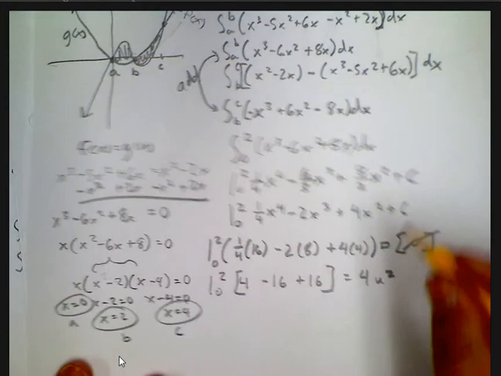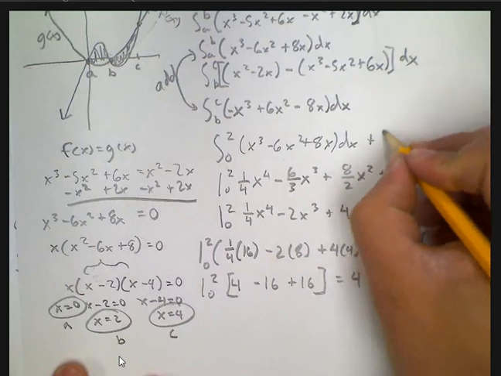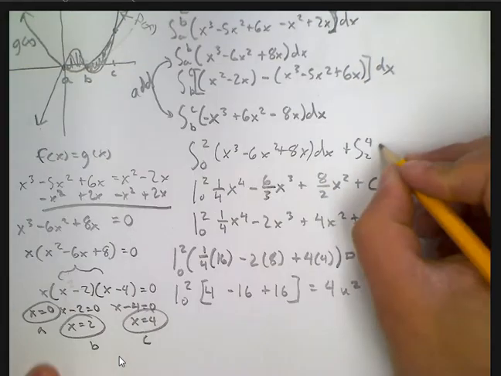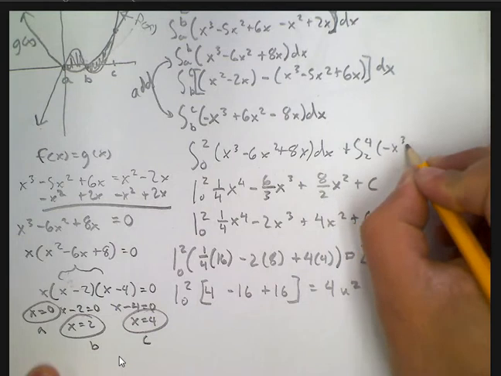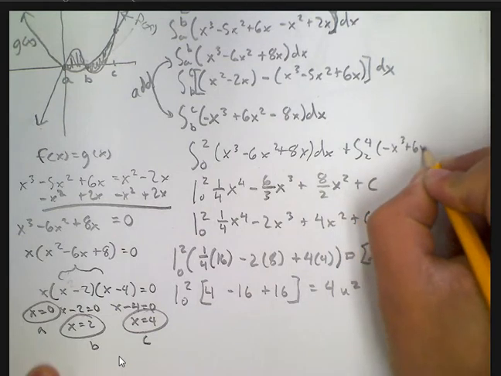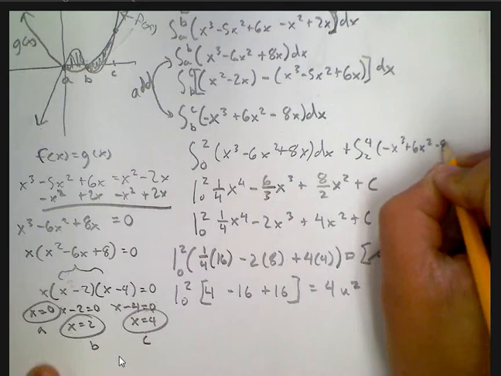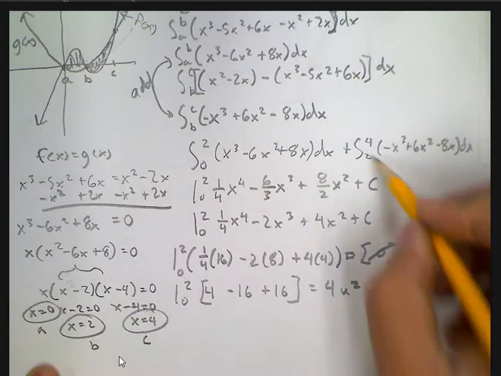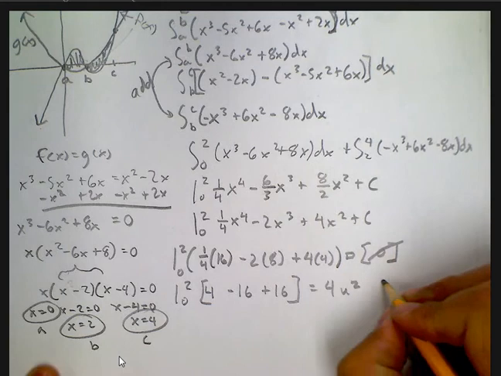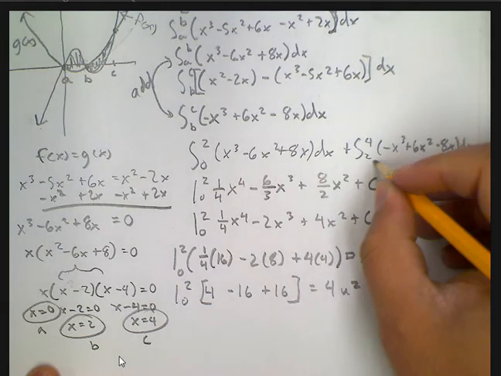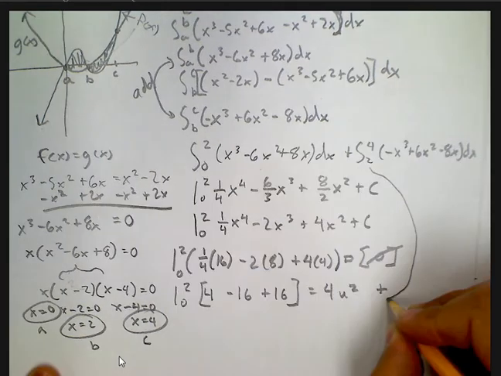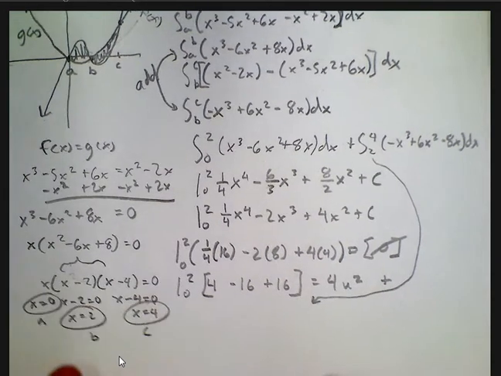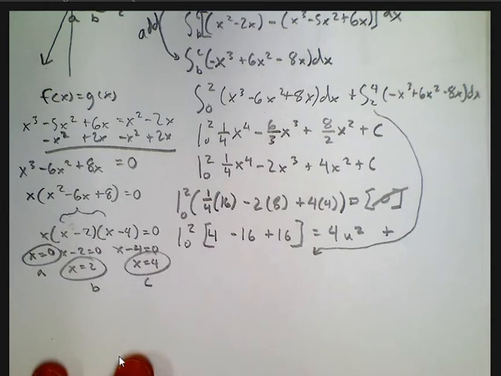Remember, I have to add the integral from 2 to 4 of negative x to the third plus 6x squared minus 8x dx. So now I'm going to put a plus sign and figure this out. Okay, so now let me go ahead and zoom in here because I'm probably going to have to write a little bit smaller.